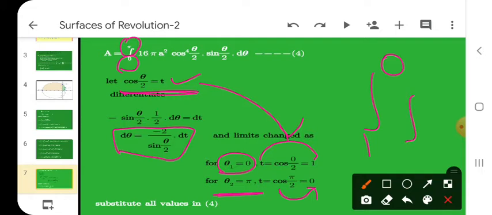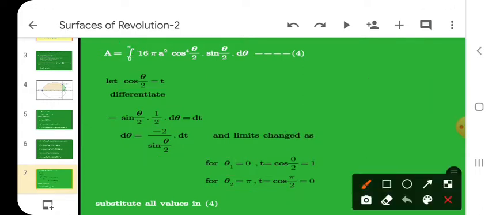First we had 0 to pi. After changing limits we get 1 to 0. And d theta value is minus 2 by sin theta by 2 dt. 16 pi a square is the constant. Then cos power 4 theta by 2, with cos equal to t, is t power 4.